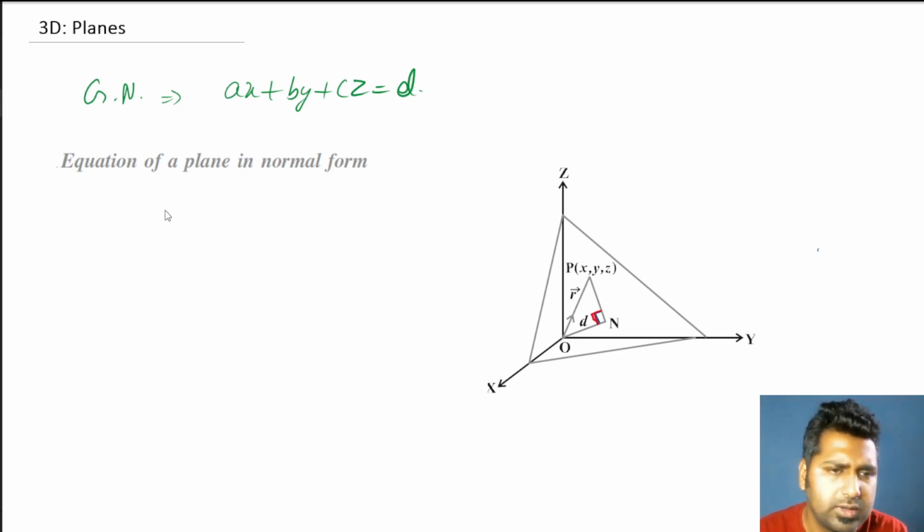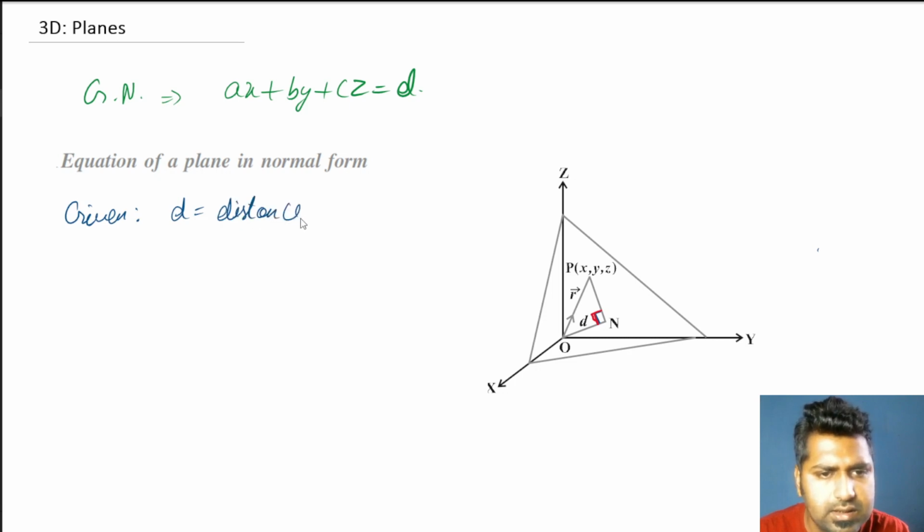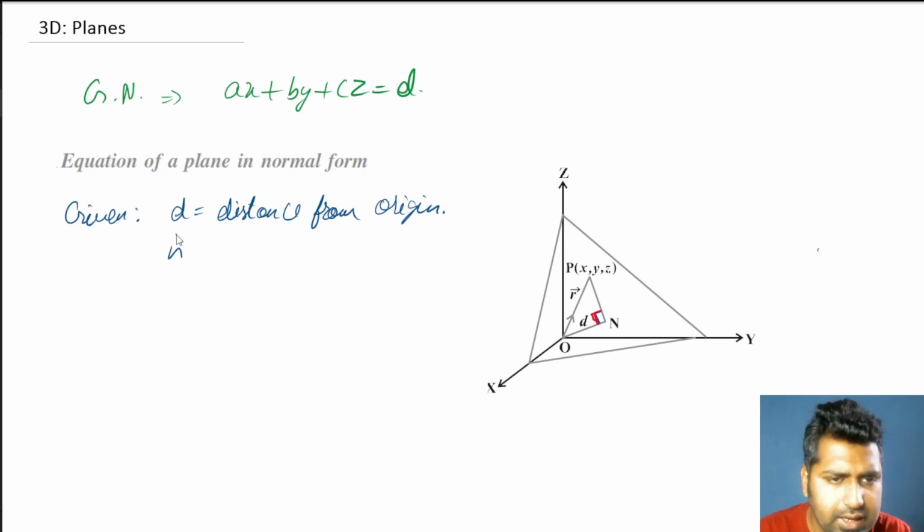So in this normal form, you should know what's given to us. The given thing is d, which, remember, is the distance from origin, and we are given n cap.